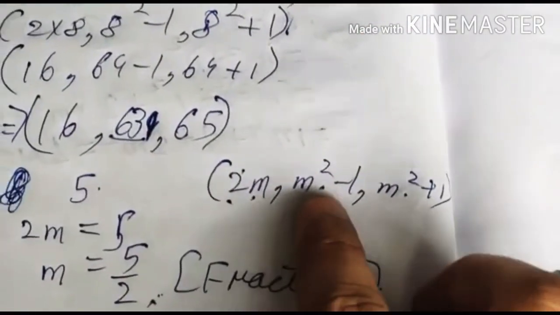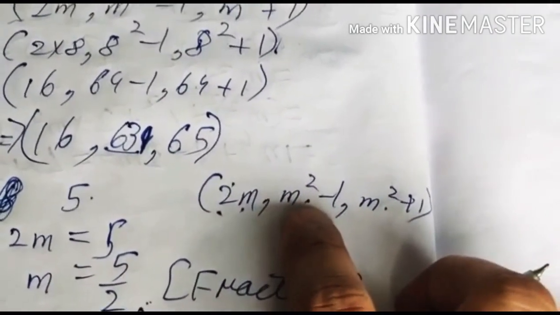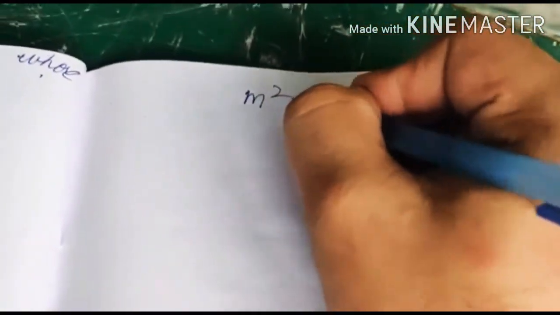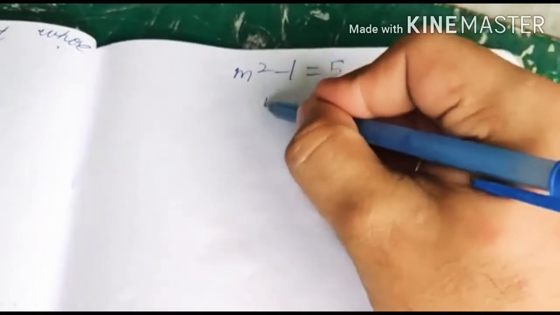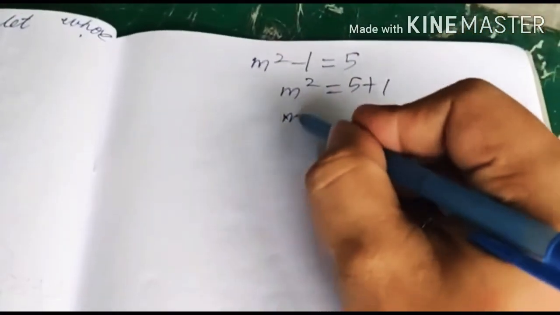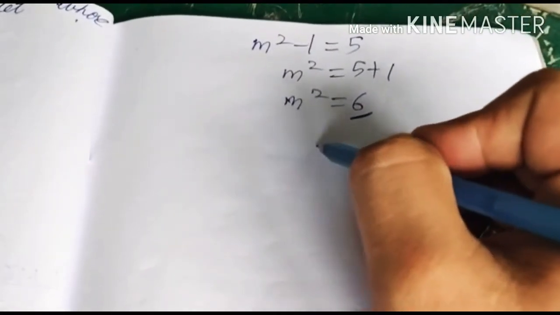If we take the other number, m square minus 1 equals 5, then m square equals 5 plus 1, so m square equals 6. 6 is not a perfect square.